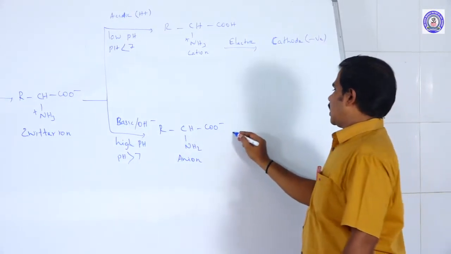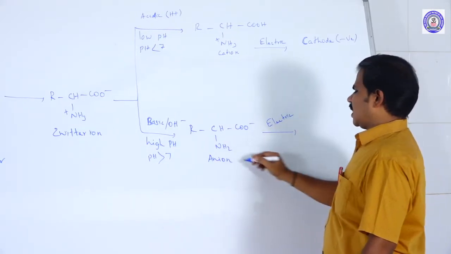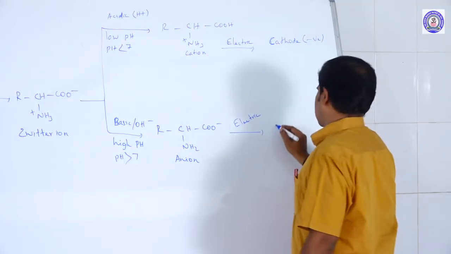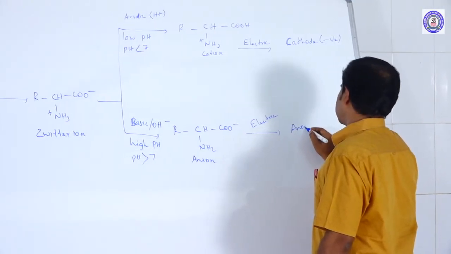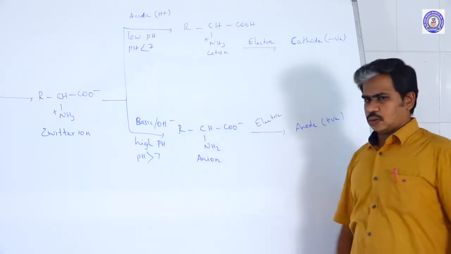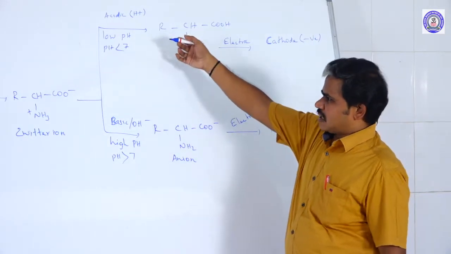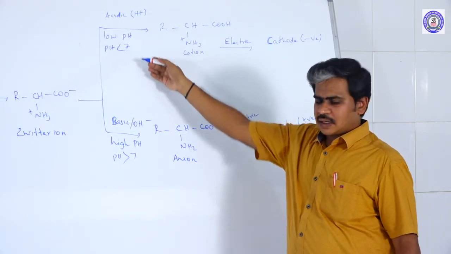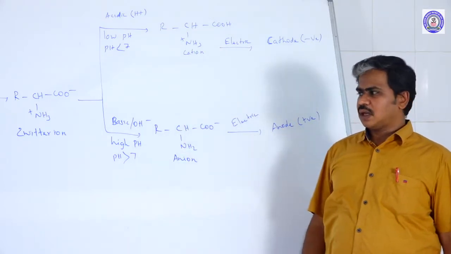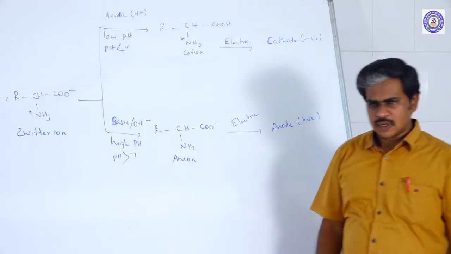In an applied electric field, an anion moves to the anode, and the anode is the positive electrode. Now, at different pH, pH less than 7 and pH greater than 7, that is acidic medium and basic medium, the zwitter ion will move towards one of the electrodes.